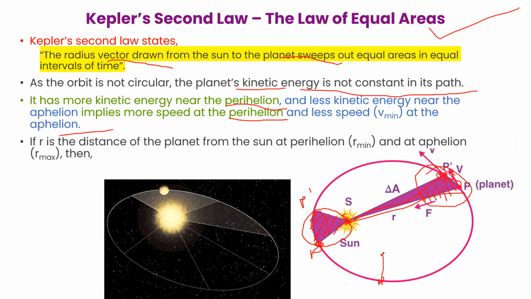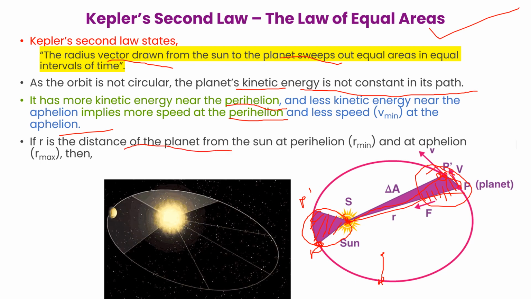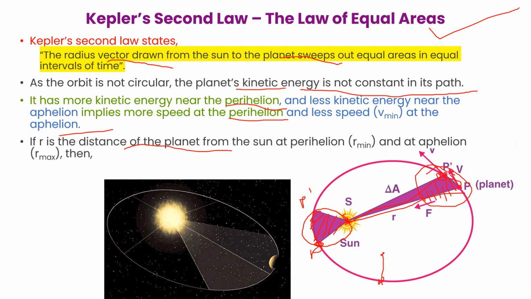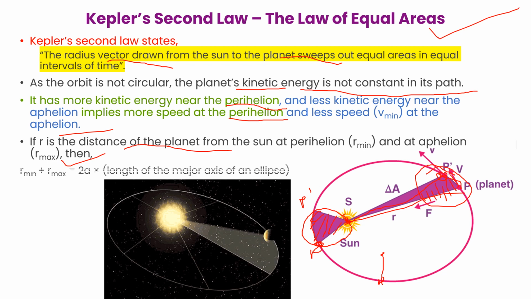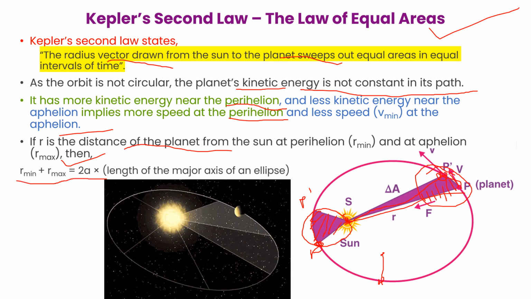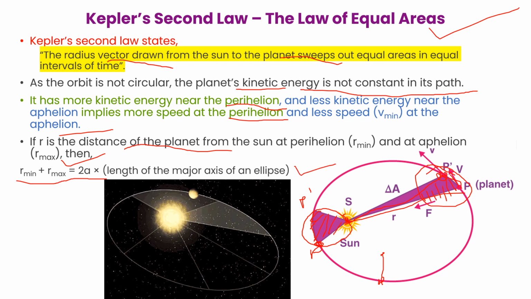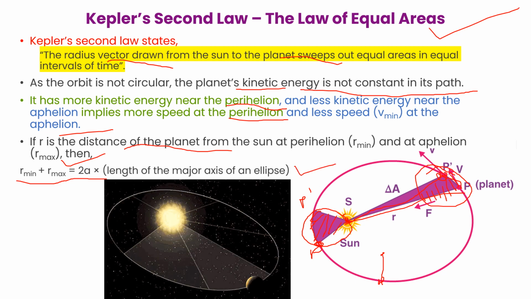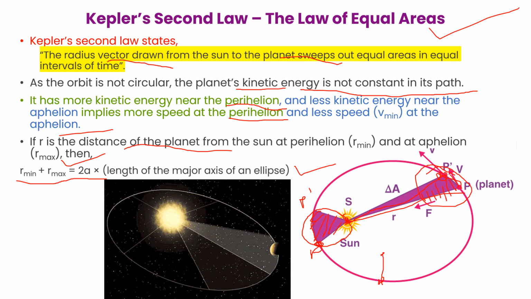So, students, if r is the distance of the planet from the sun, at perihelion we can say r minimum, and at aphelion r maximum, then we can write r minimum plus r maximum is equal to 2a, the length of the major axis of an ellipse. So basically the second law says that the area swept by the planet will be equal in equal intervals of time.